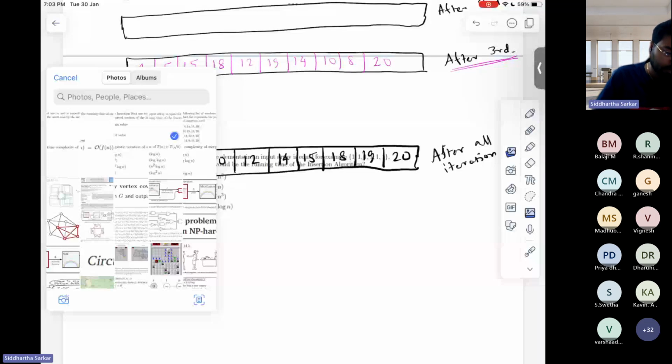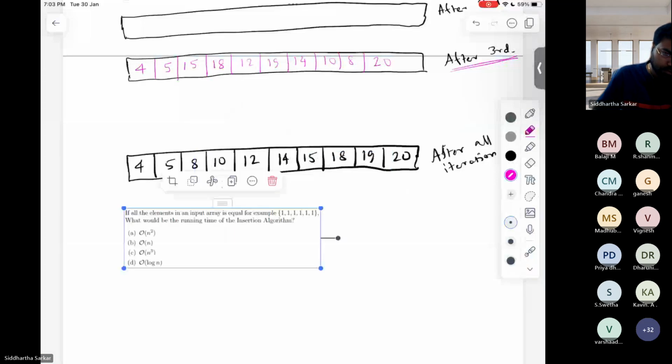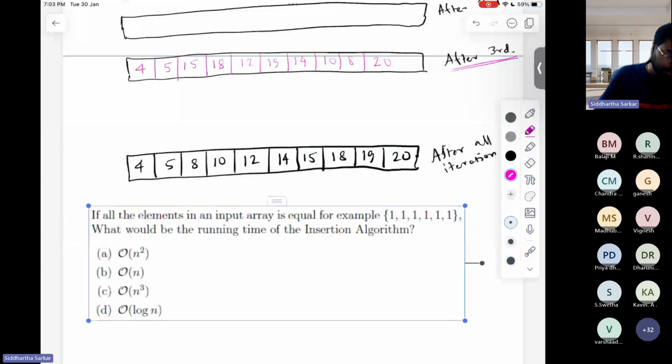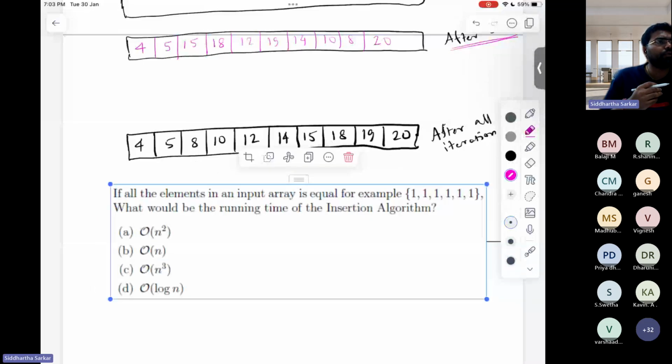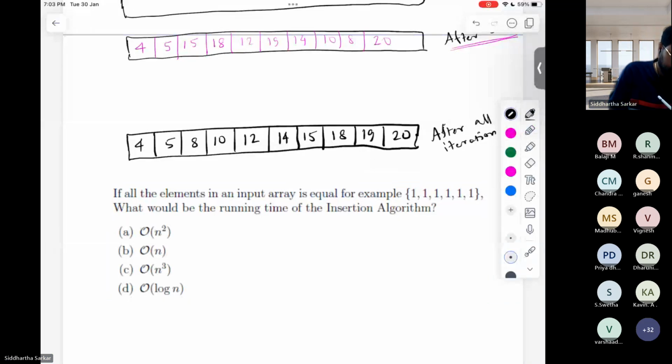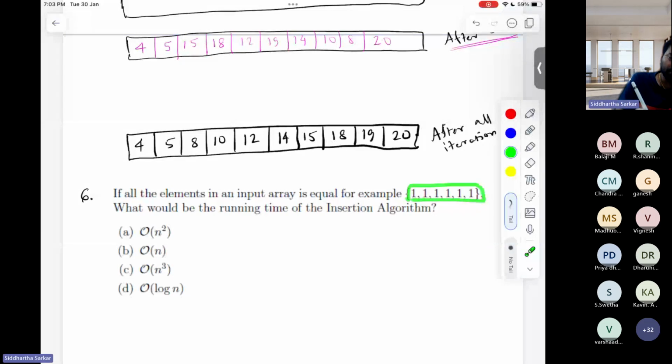So this is also an insertion sort question. I will let you read the question. If you're not able to hear me at any point, please let me know. There are numbers in an array which are all the same, and you're applying insertion sort on this input array.